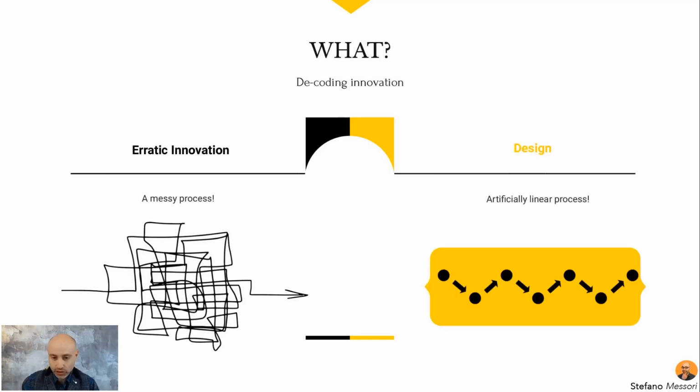But what design really does, and I'm trying to give you an understanding behind the process of design, is that design tries to artificially make this messy process a little bit more linear. Now, why do I say artificially? Because we have devised this process. Whoever is trying to facilitate design is trying to say, okay, if that is how innovation works, how can I make it a little bit more linear?